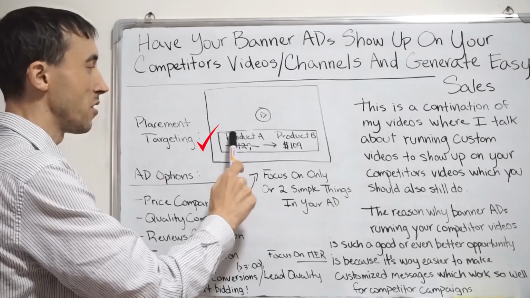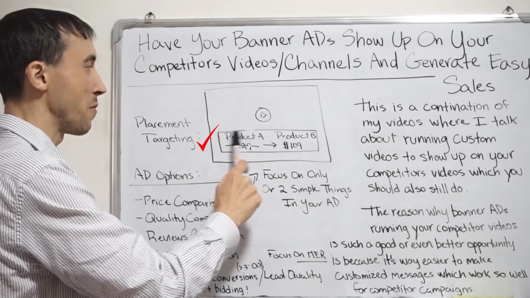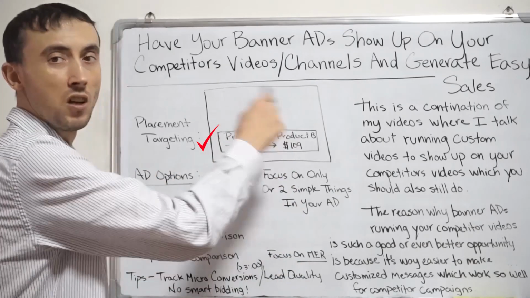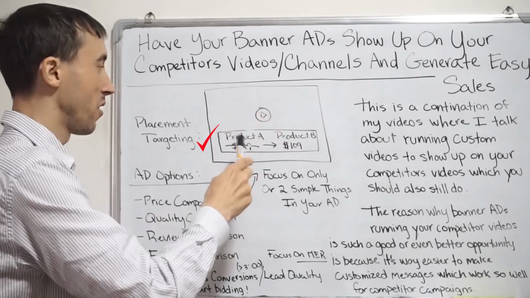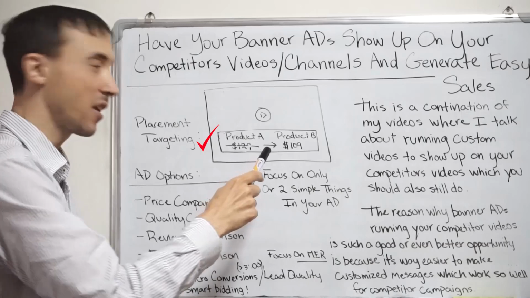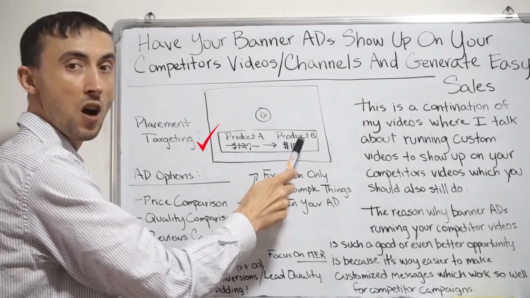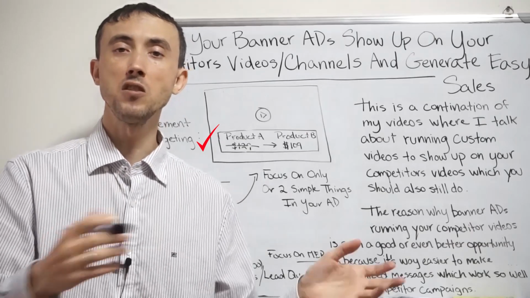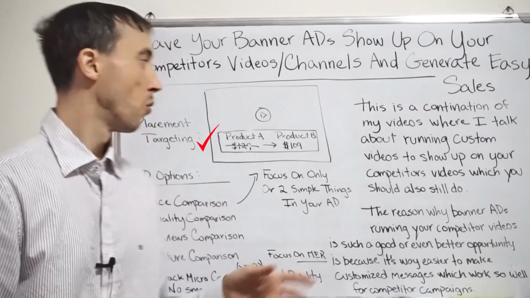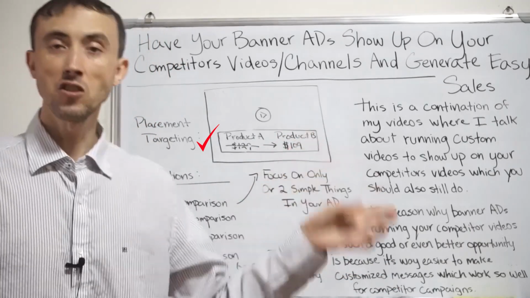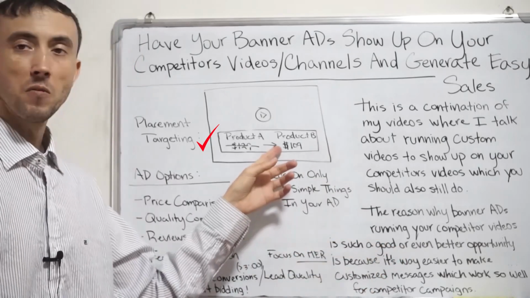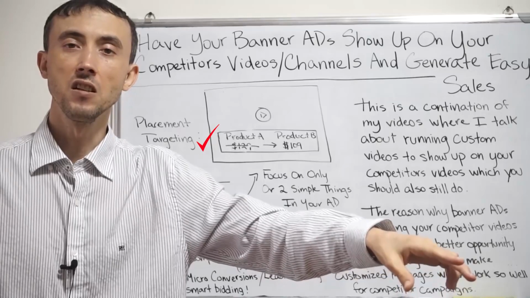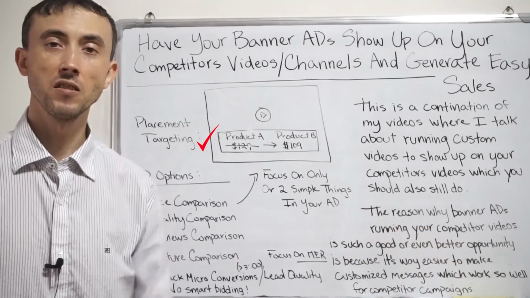What we like to do in this situation is put the name of that product so they know we're talking about the exact product they're watching a video about, put a strike through the price of that product, and point an arrow to the price of our product. So at the very least, even if they don't click through, they already know that our product's cheaper, which product's cheaper, and how much cheaper, and if they click through, they'll be able to see more about that product.